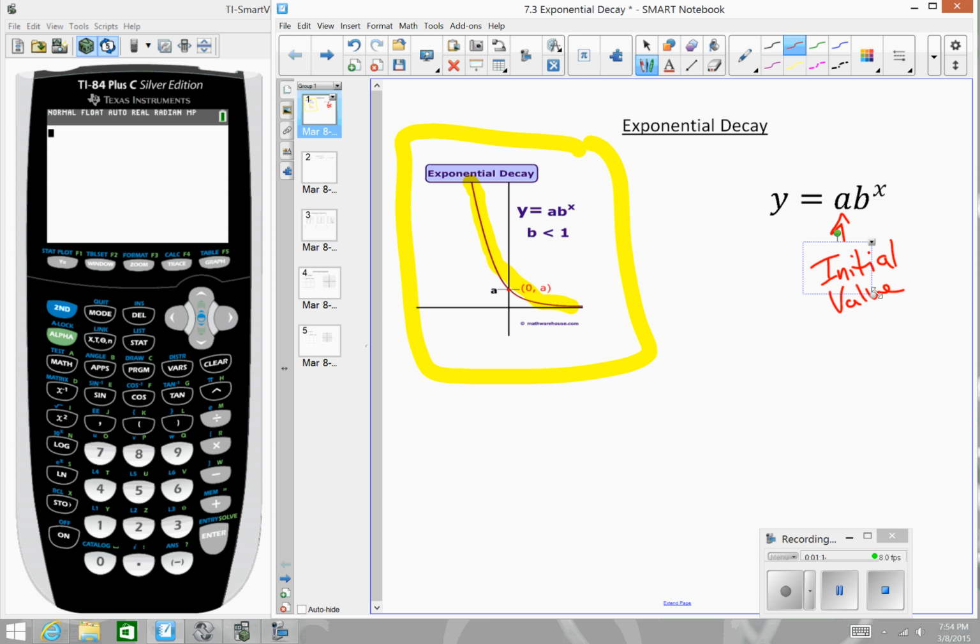Okay, our initial value, good. Our B value is now not going to be our growth factor, but our decay factor. Our X is still going to be our input, and our Y is still going to be our output.